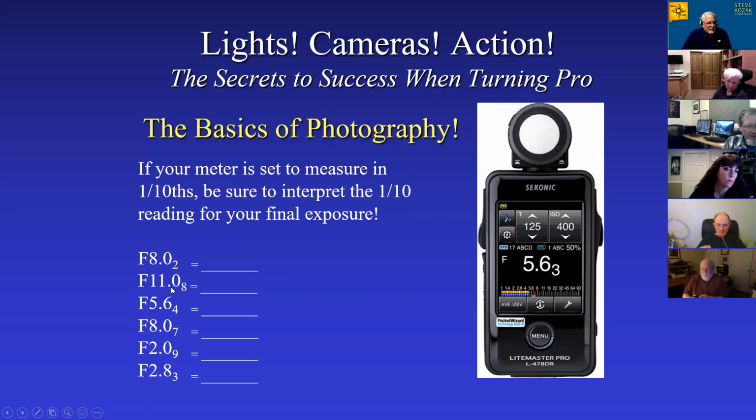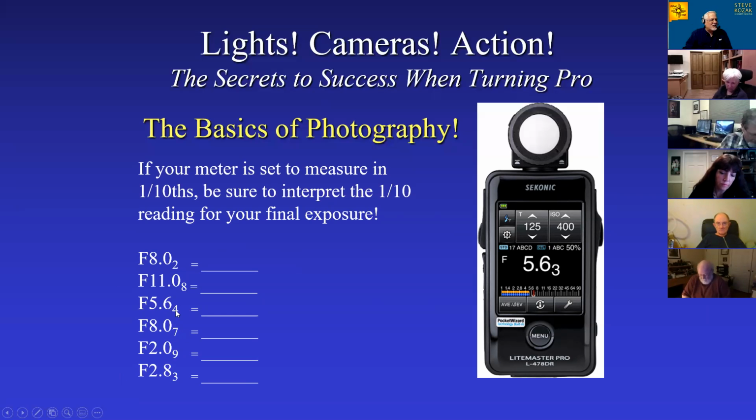If it reads out f/11.0 and 8/10, I certainly don't want to use f/11 because I'm 2/10 away from being f/16. I'm much closer to f/16 than I am f/11. Does that make sense? So you've got to pay attention to that 1/10 of a stop.